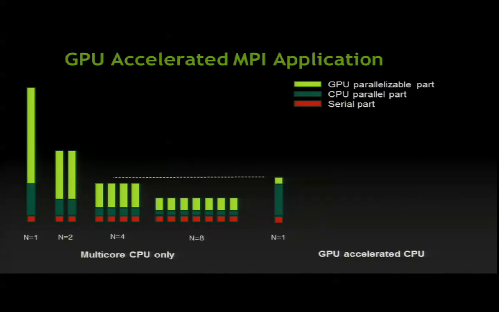So the best speed up in this case that you could see from adding a GPU to this system would be probably comparable to 2 cores. But just using 4 CPU cores would already beat you in this situation.